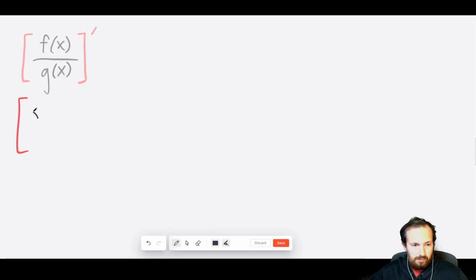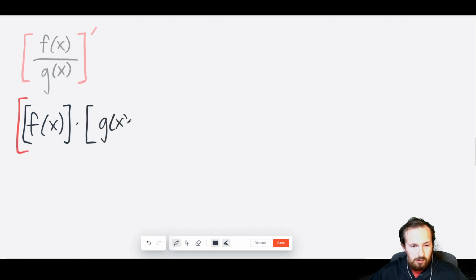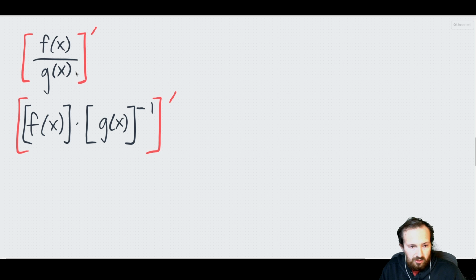This is the initial setup you need: some function f of x times some function g of x to the negative first power. So we're using a little bit of trickery with negative exponents here. Instead of dividing by some function g of x, you can look at it as multiplying by g of x to the negative 1 power. And then we can go from here.